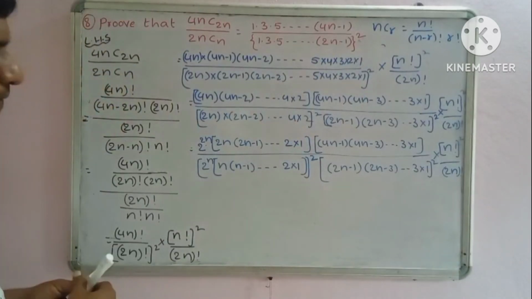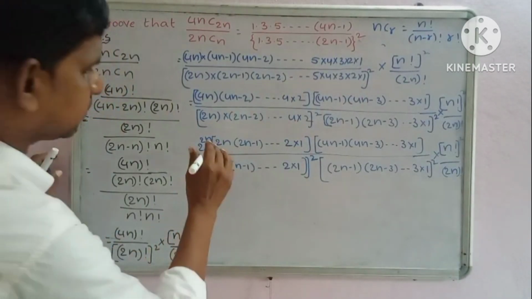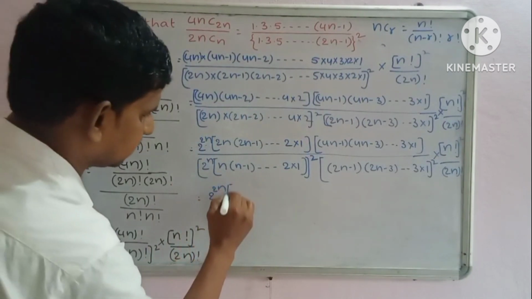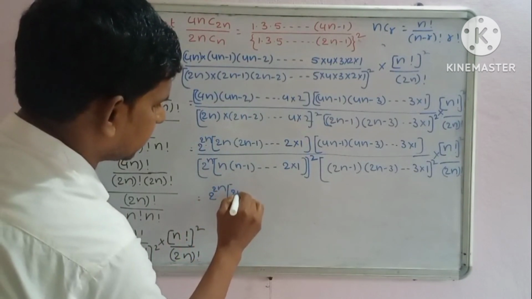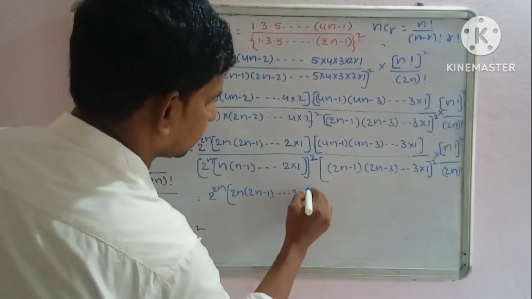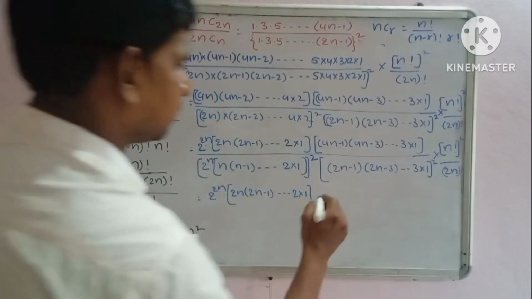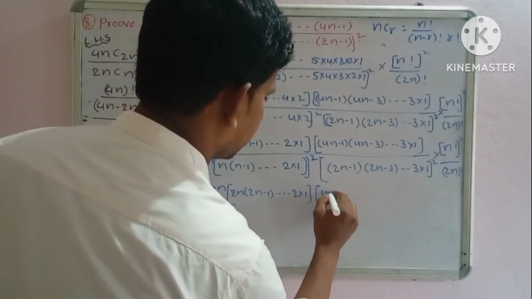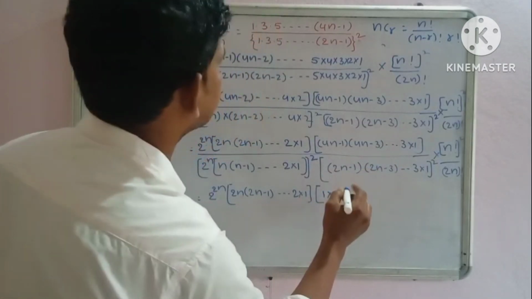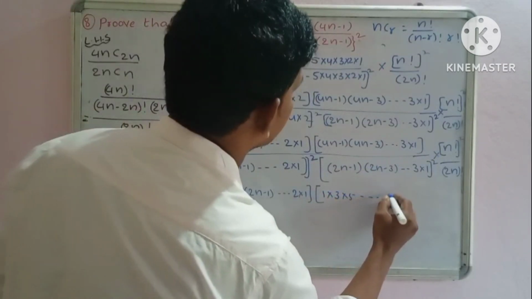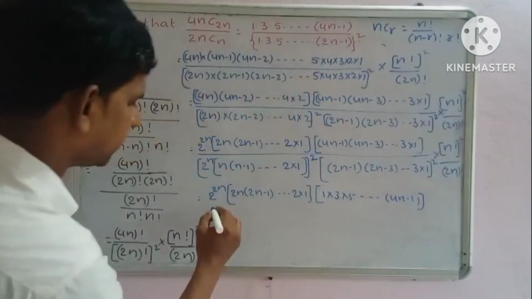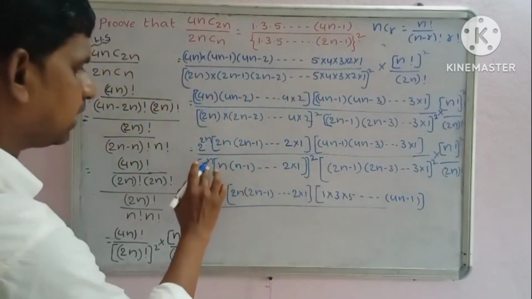Okay, see, 2 power 2n into 2n into 2n minus 1, so on 2 into 1, into 4n minus 1, right from last to first, 1 into 3 into 5, so on 4n minus 1, divided by 2 power n whole square, which is nothing but 2 power 2n, since a power m whole power n.